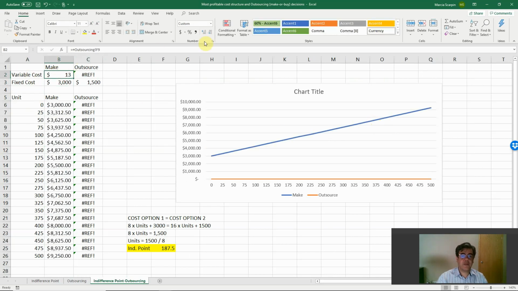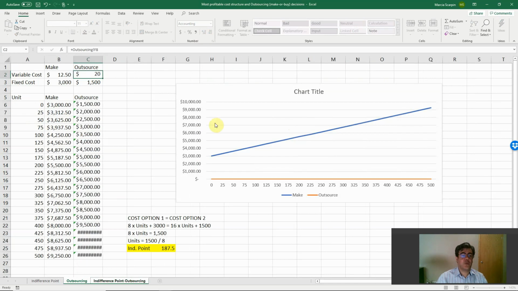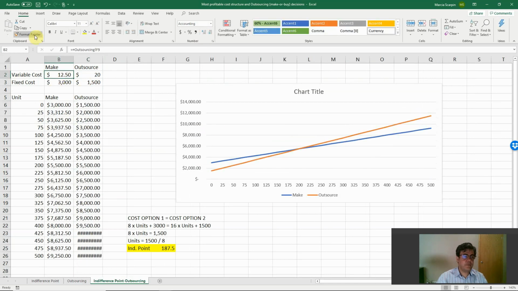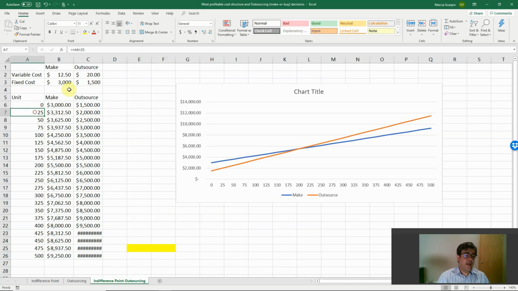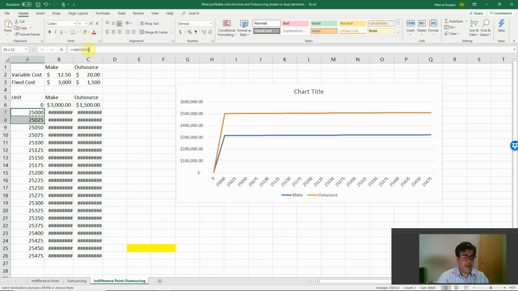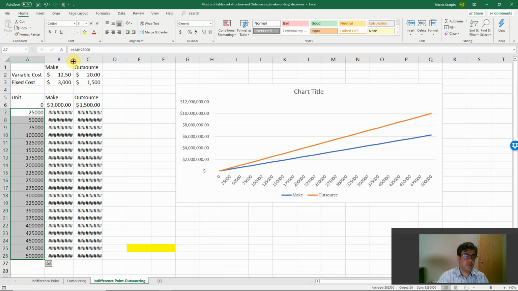Let's add some decimals here. If we outsource it, it will be 20. Let's delete it here. And let's consider here 250,000 is 250,000 units. Perfect.